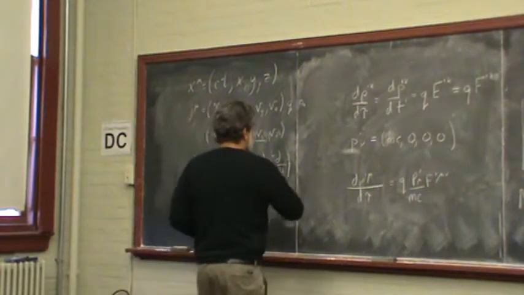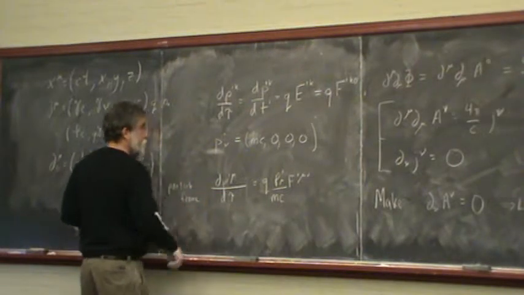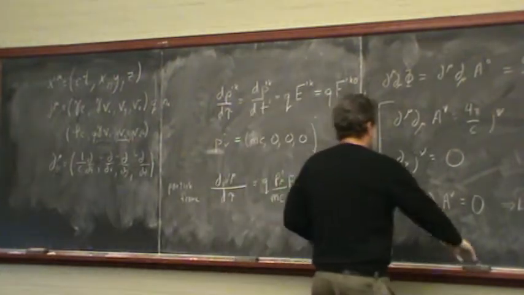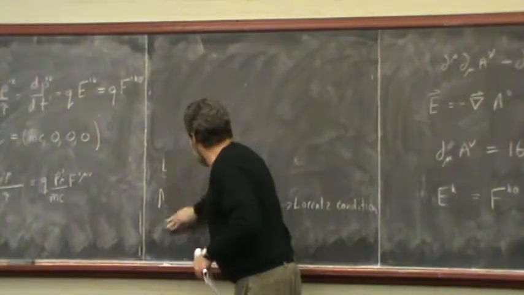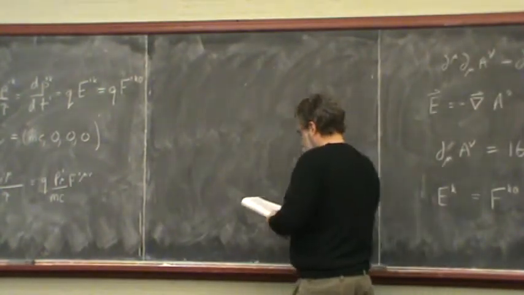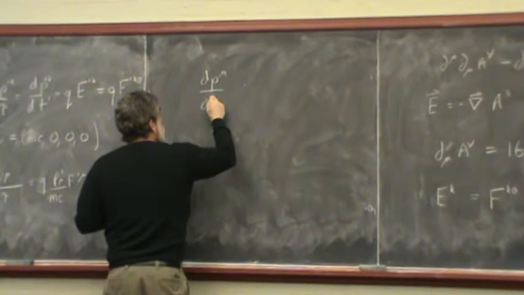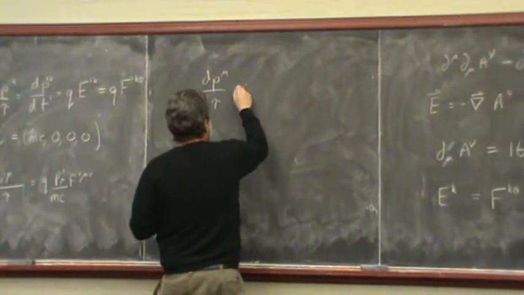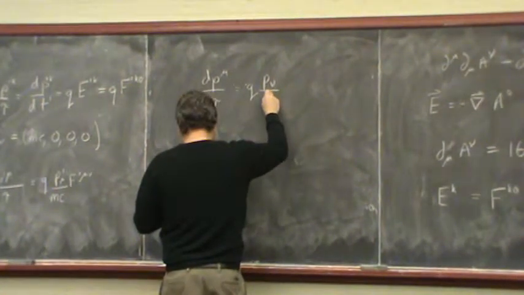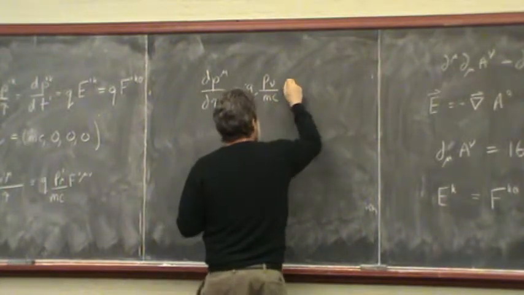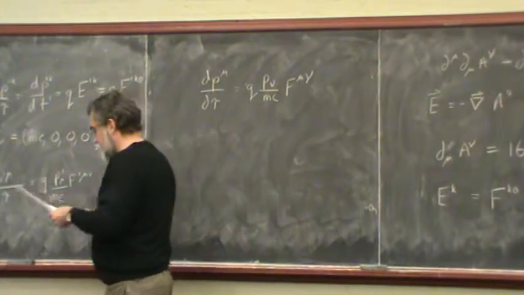So this is in the particle frame. And if I transform that into the lab frame, I get this. That's a mu, not a gamma. I'm not going to rewrite it.